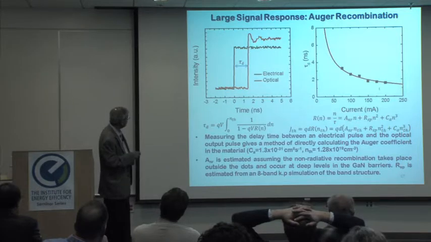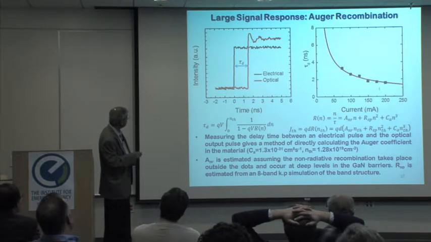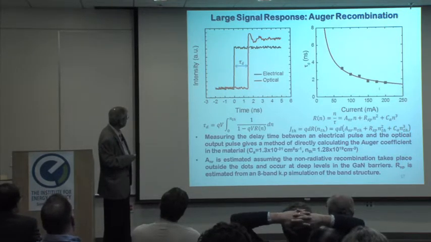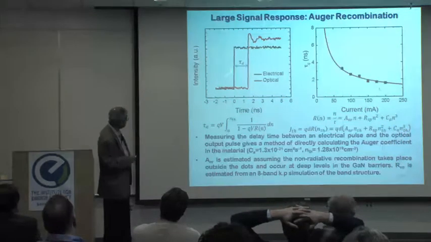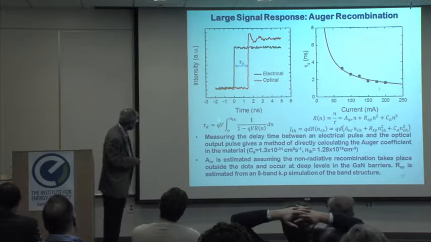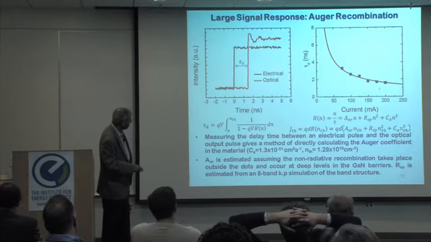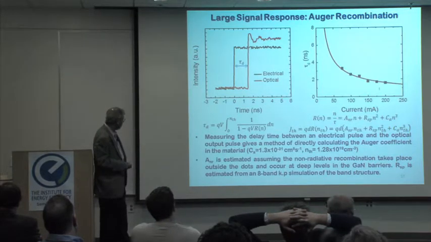And here you see the characteristic oscillations that one should see, and by measuring the delay as a function of current and so on, you analyze it with these relations, and you need two things: the spontaneous emission factor and the radiative recombination rate and the non-radiative recombination rate.